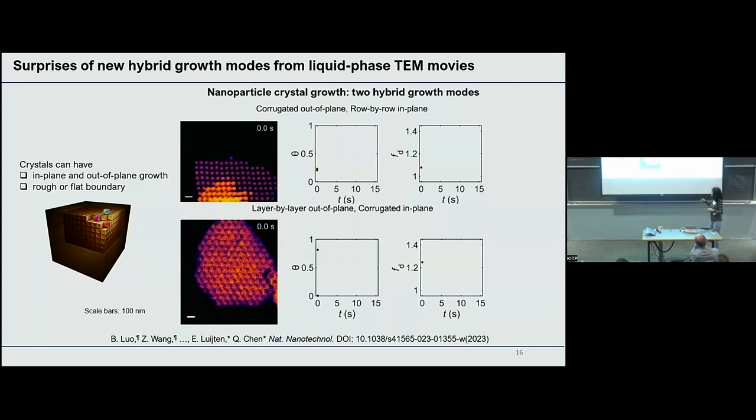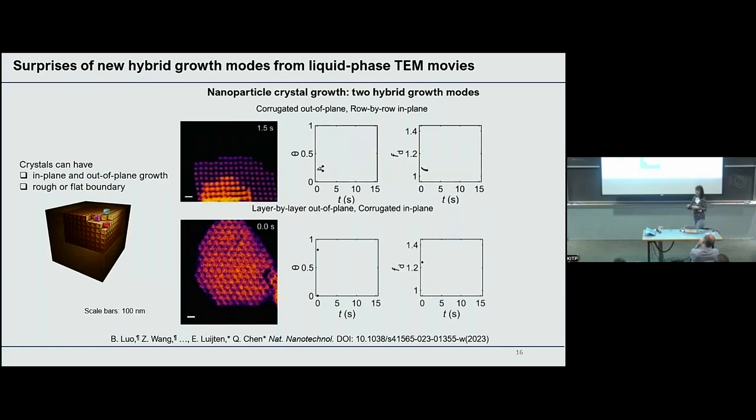In those 2 liquid phase TEM movies, the particles are the same color, meaning the particles are in the same layer. For the top movie, you can see the 3rd layer started to grow even before the 2nd layer finishes. That means out-of-plane growth is not layer by layer, it's corrugated. But within each plane, you can see the boundary of the layer is very smooth.